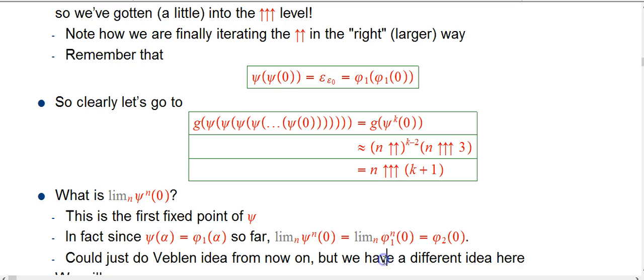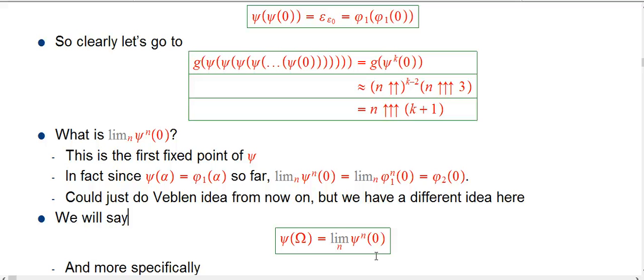Of course, that starts on the Veblen story, but this is where we start to diverge. We've got a different idea of what we should do here. We're going to say psi of big omega, which is essentially a placeholder, but we're going to be very specific. It's the least uncountable ordinal, the first uncountable ordinal.